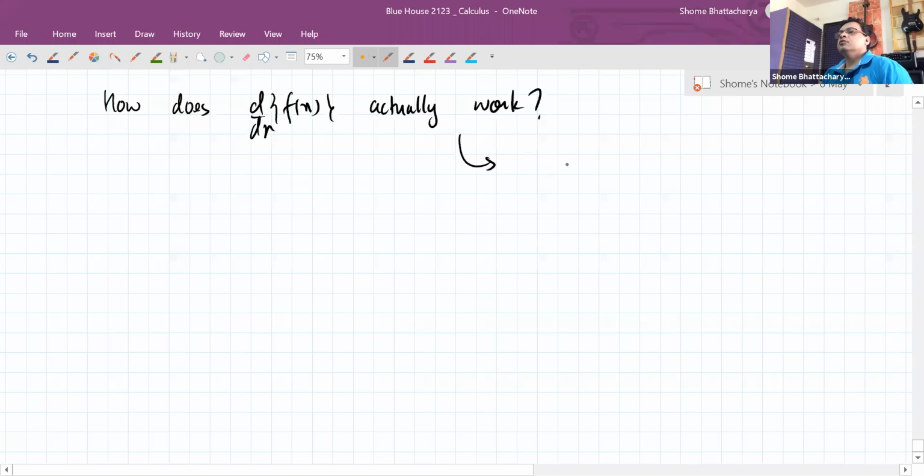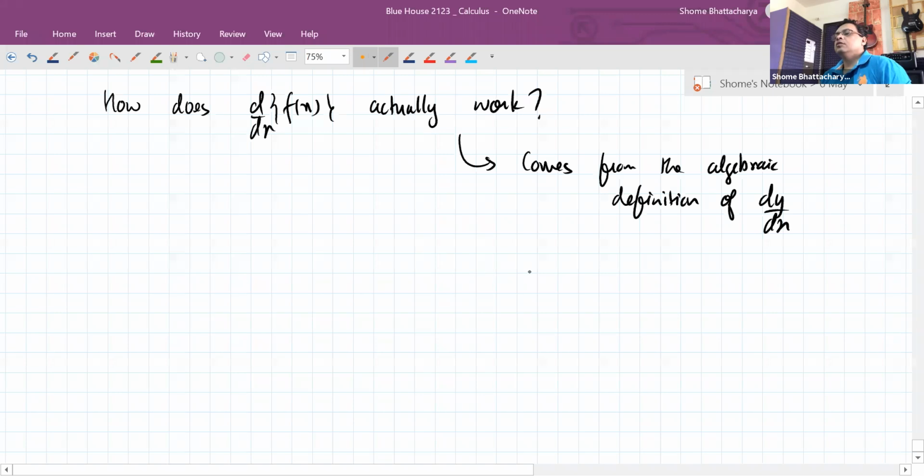It comes from the algebraic definition of instantaneous rate of change, this one.